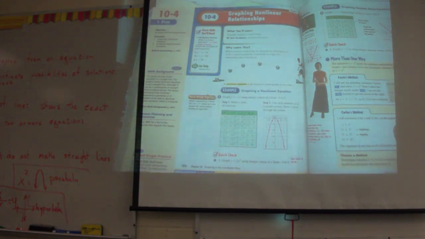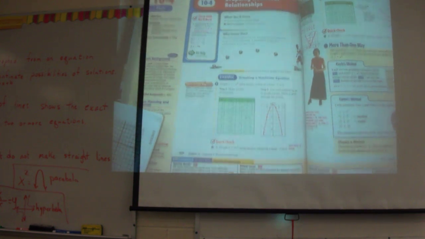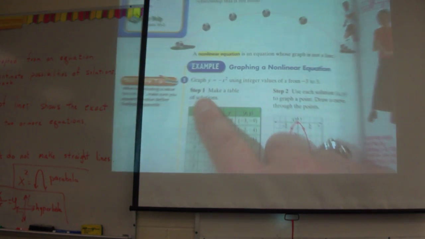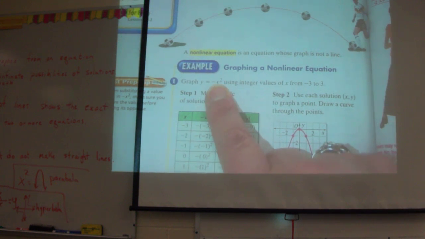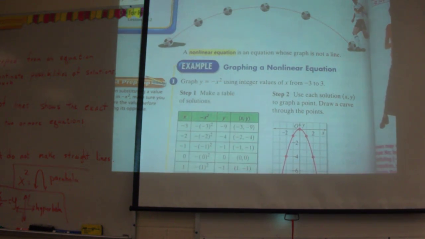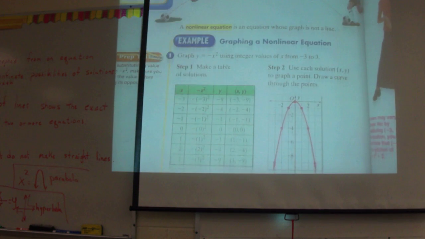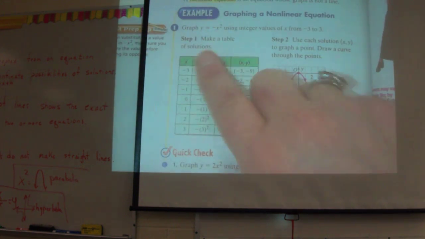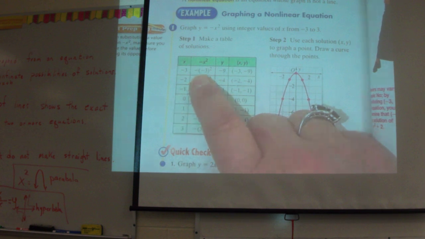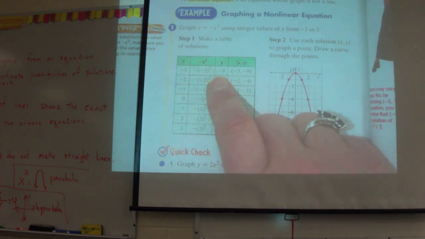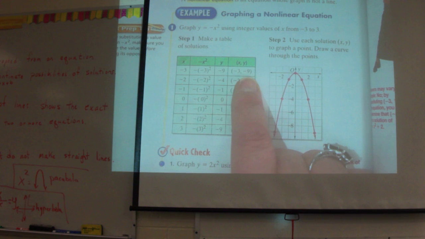If you look down at example 1, graphing a nonlinear equation, you'll see that the equation they're using is y equals negative x squared. So they made a table from -3 to 3. You can look either at the screen or in your book. The opposite of -3 squared would be -9, so we have -3, -9.